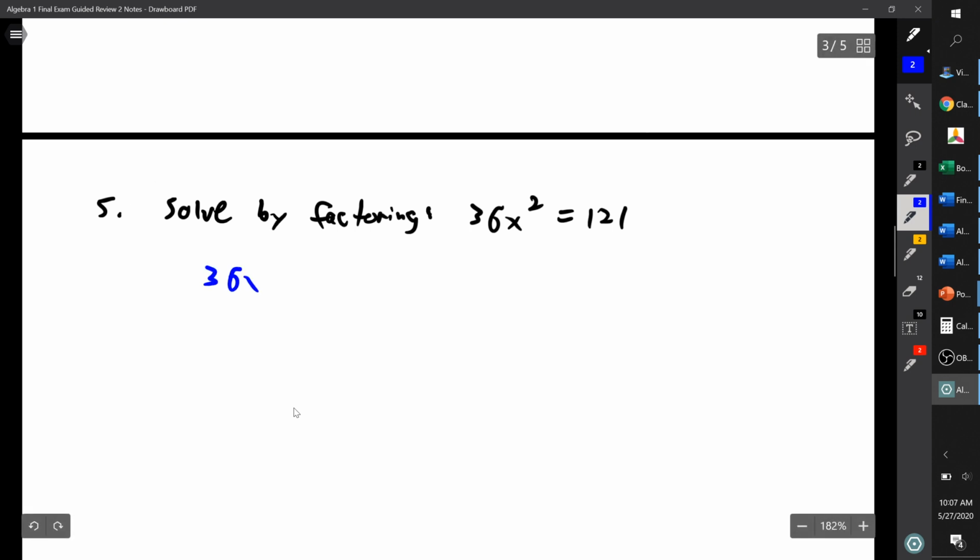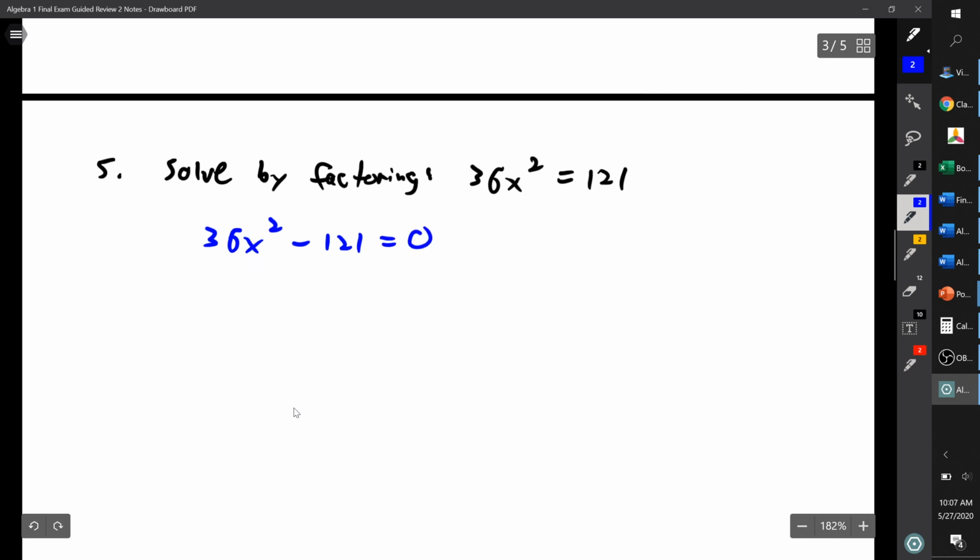That will give me 36x squared minus 121 equals 0. Now I'm like, ugh, I have 36x squared minus 121. Well, you could view this as 36x squared plus 0x minus 121 equals 0.